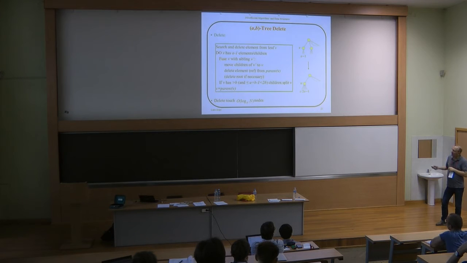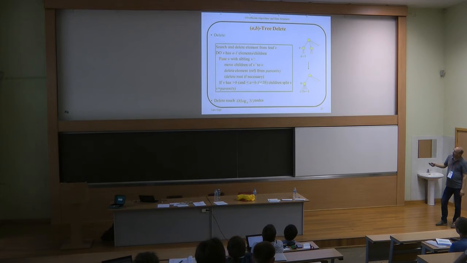The problem is that it could be more than B. But actually it could be at most 2B. If my sibling over here has B already, and I have A minus 1, then it's A plus B minus 1, which is less than 2B. If I have more than B, I just split it into 2 again, and I'm done.